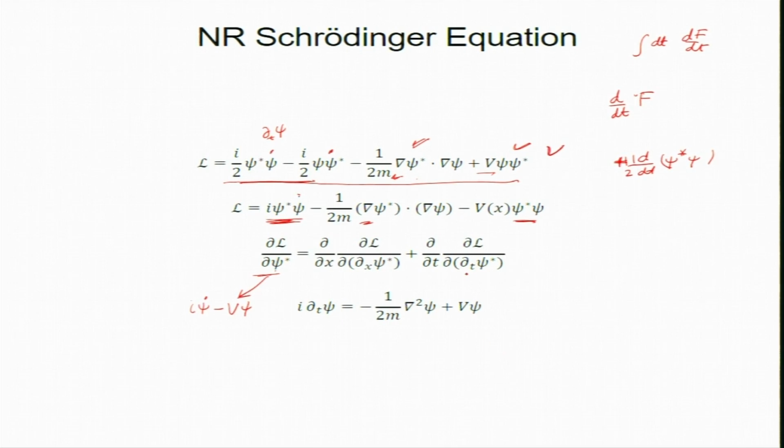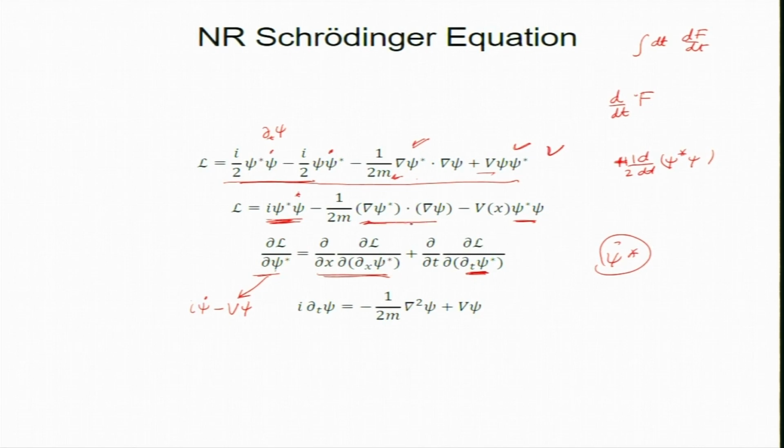Now, there is nothing called d by dt of psi star in this equation. There is no term, dt psi star is not there. This is psi dot. I removed that dt psi star dot. There is no term which is psi star dot. I removed that by this trick. Okay. So, I will get contribution from here. What will that give me?